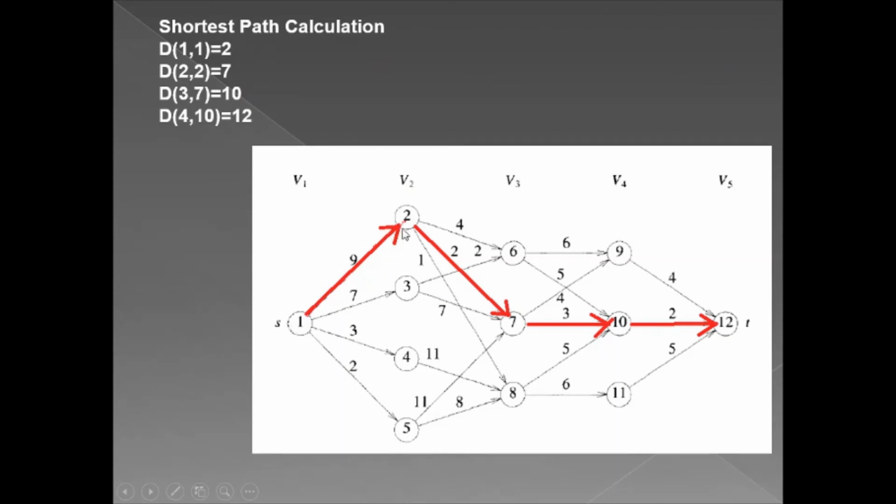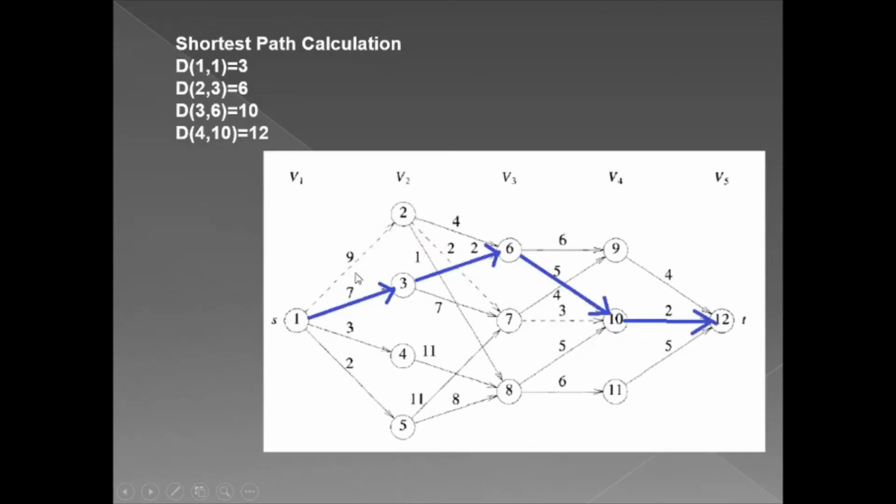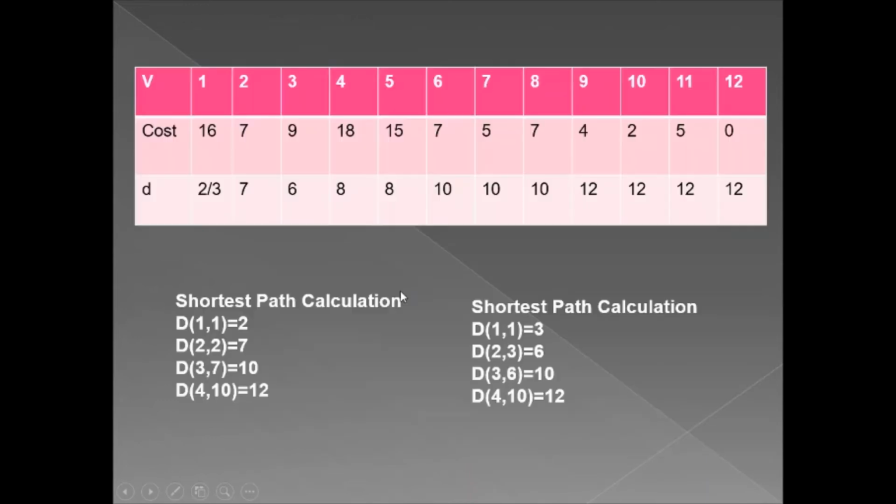The same thing we are going to show here. From 1 you can move to 2, or from 1 you can move to 3. Once you reach the second vertex, which is giving you the minimum cost, that is node number 7. Hence when you are at the second vertex in the second stage, you can move to node number 7. Whenever you are at the third vertex, the one giving minimum cost is vertex number 6.